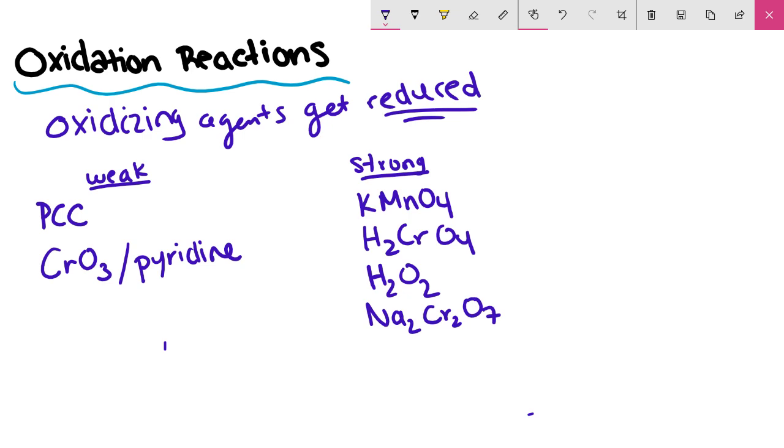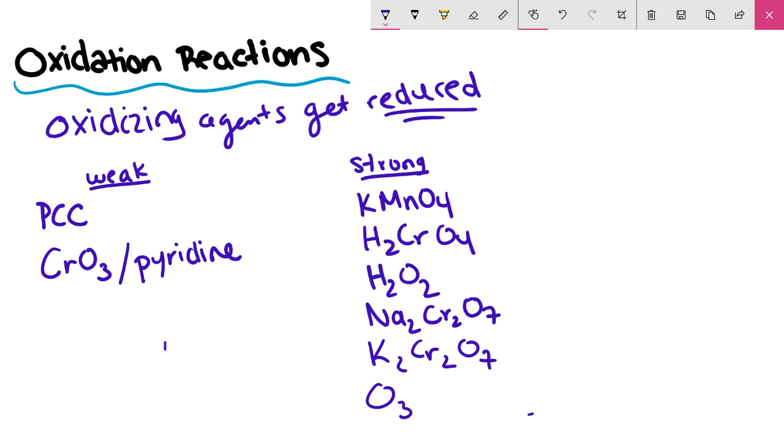Many of these strong oxidizing agents have a high number of oxygens, or they have unusually high oxidation states within their other elements. So that's something to note. And I'll just throw in a few more just so you can recognize them if you come across them: Cr2O7 and O3, which can be combined with some other things to produce a strong oxidizing effect when we talk about alkenes. So this is our list of strong, and this is our list of weak.